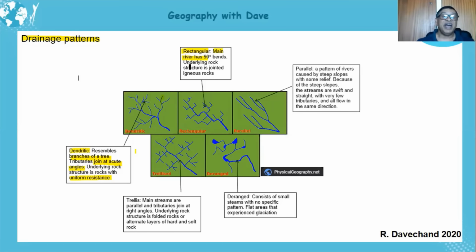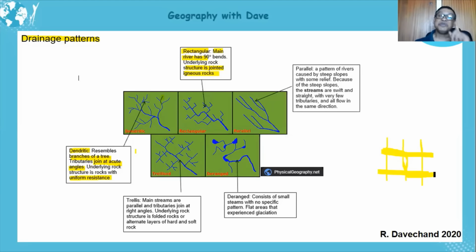The underlying rock structure is jointed igneous rocks. So if I put jointed igneous rocks like that, and like that, and if the river has to flow, it will flow at 90-degree angles between the joints.